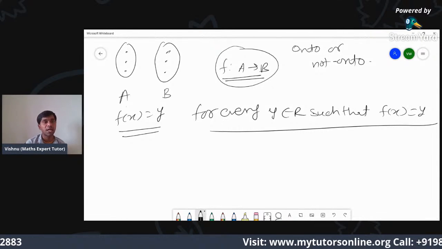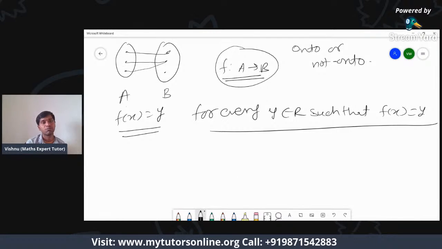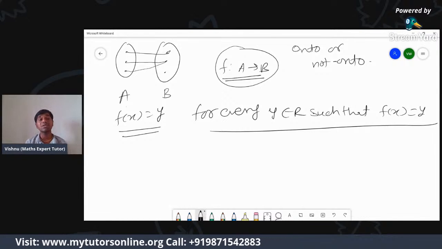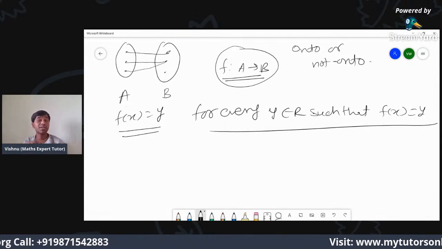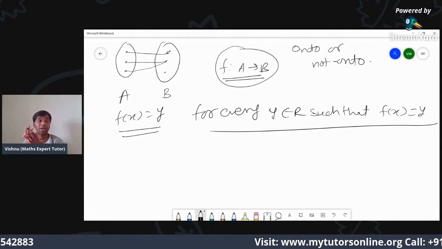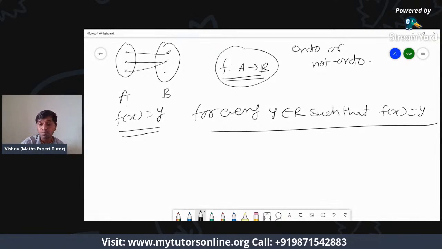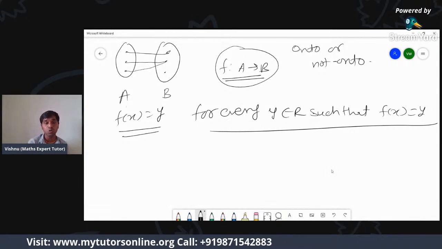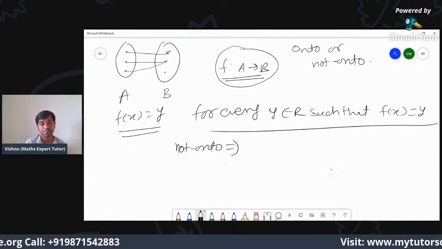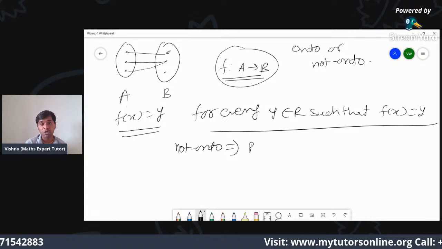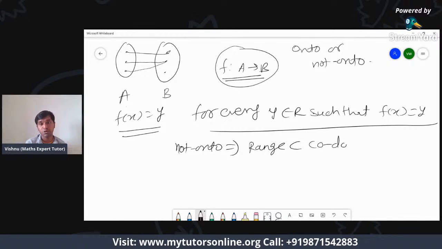Onto can be represented like this. Yes, this can be onto, because for every y in R, there is an f of x equal to y. So for each value, if it is there, that is onto. What is not onto? Not onto is nothing but where the range is a subset of the codomain.